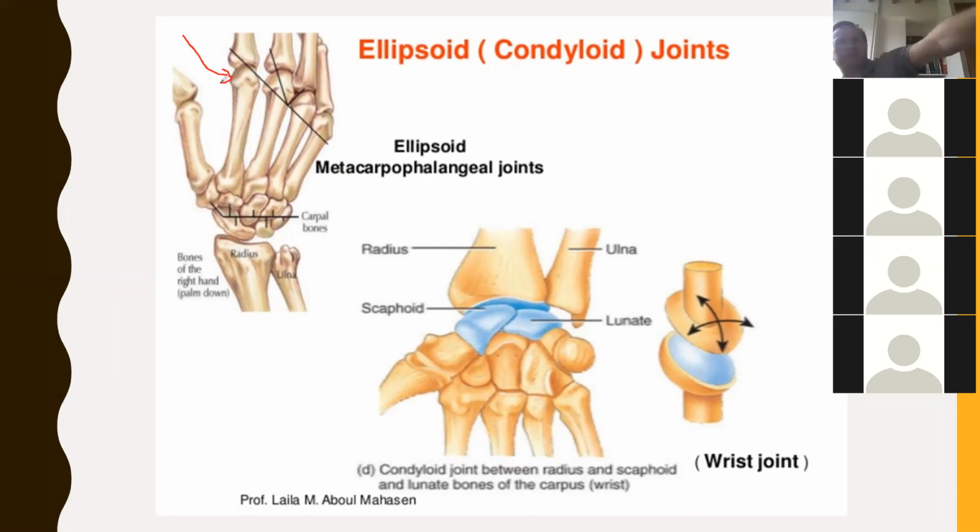If this is my ball and socket joint, I'm able to do all these rotatory movements. But in my finger, I can't, because of the ligaments connecting the fingers. We've got these really strong ligaments on the front and the back, which prevent that rotation, whereas in our ball and socket joints, we have loads of rotation.